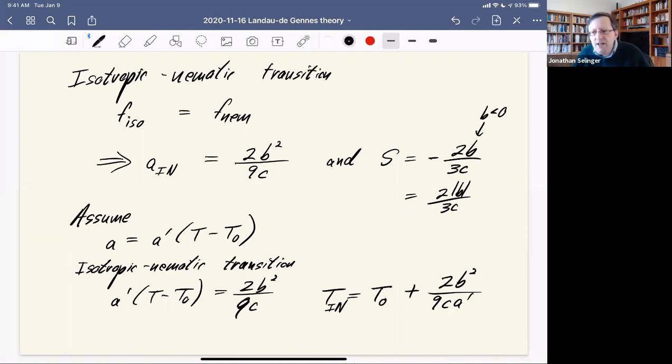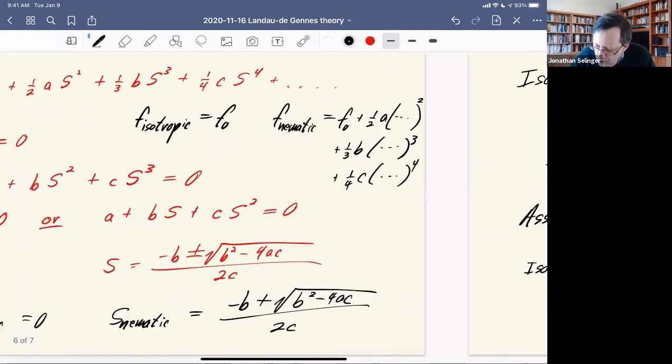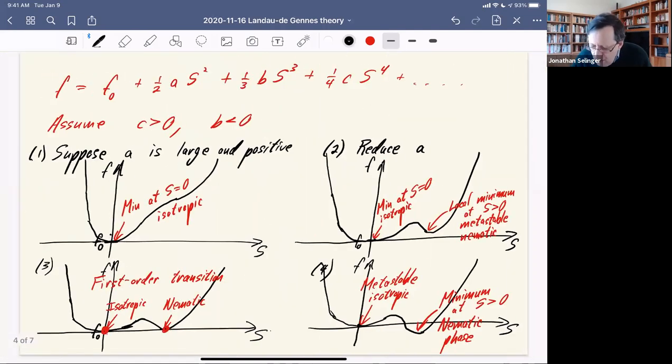It is different from the Ising transition from a paramagnet to the ferromagnet. And so it happens with a series of plots like this one.